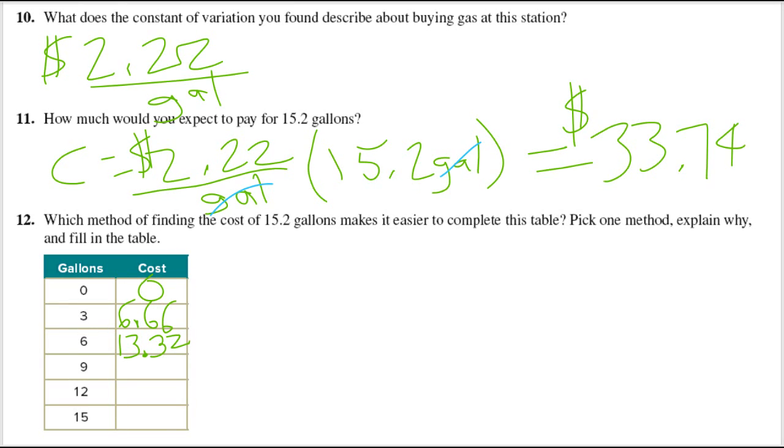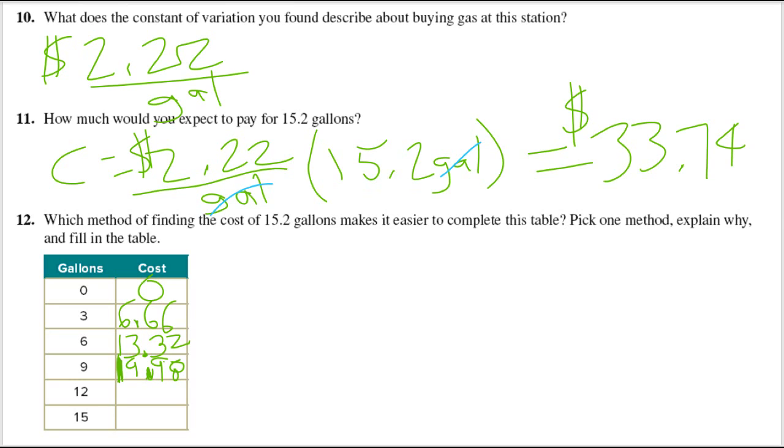Multiply 9 times 2.22. And I've just been adding 6.66. If I wanted to finish the table, I would multiply 12 times 2.22 on my calculator.